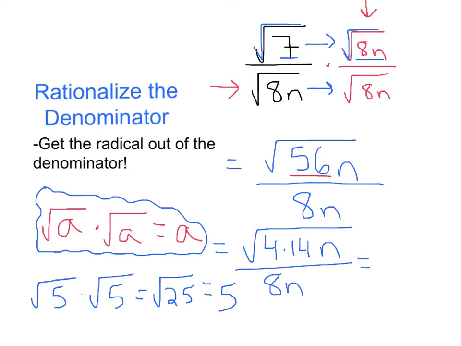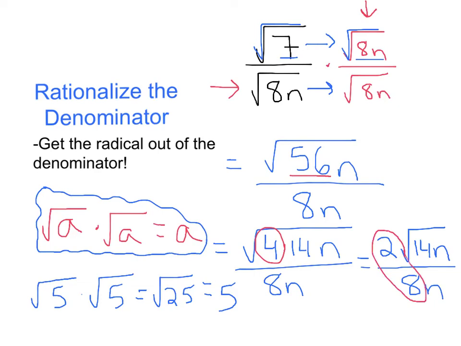And then I can take the square root of 4, and the square root of 4 is 2. So I have 2, and then underneath is the square root of 14n all over 8n. So I'm almost done. One last thing. The numbers out in front, you always want to see if they can simplify.